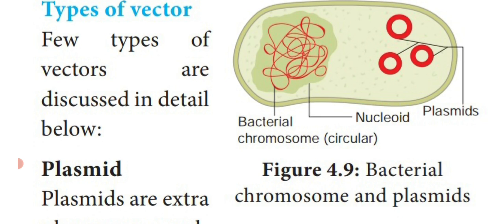Dear students, what is a vector? A vector is a cloning vehicle which carries the DNA fragment from one organism to another organism, and it also has the capacity to replicate by itself.